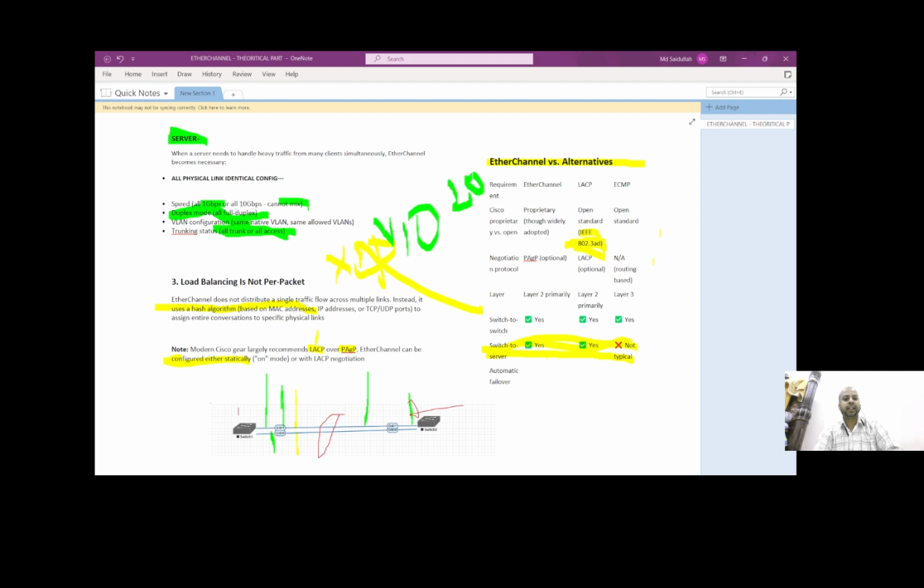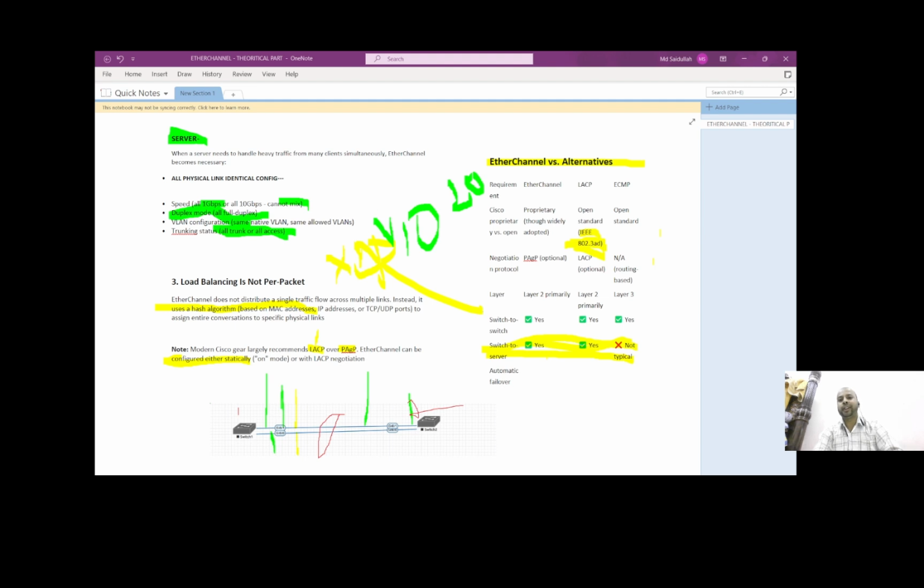Okay, and LACP recommended, sorry, MAC address, IP address, TCP UDP ports to assign the entire conversation to a specific physical link. All these technologies are used by EtherChannel to assign the entire conversation to a specific physical link. Any physical link like Gi0/0 or Gi0/1, any port it will decide and put the conversation on that one.